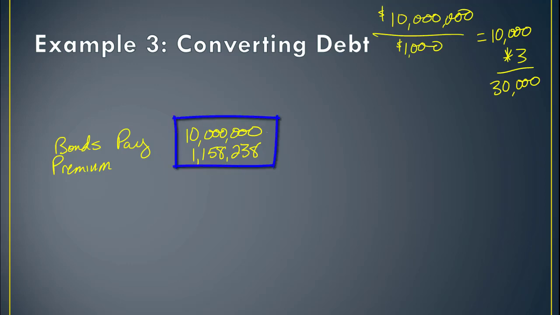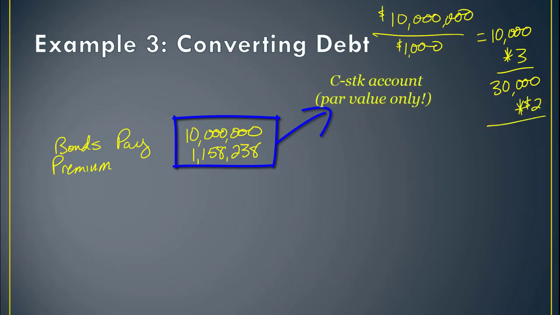This value over here has to go into our common stock accounts. And there's 2 common stock accounts. One is par value, and into that account we can only put $2 per share, whatever that par value is. So $2 a share times 30,000 shares is $60,000, and that's going to go into our common stock account.